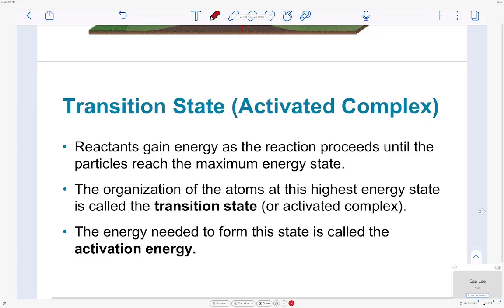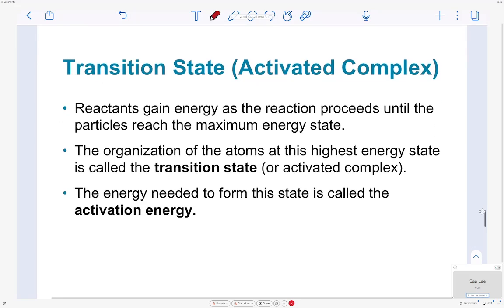So just as we saw from the previous diagram, when the golf ball is at the top of the hill, it's considered to have the highest energy state. So in a chemical reaction, when a molecule has enough activation energy, it is also going to reach the top of the hill before it rolls down the hill.